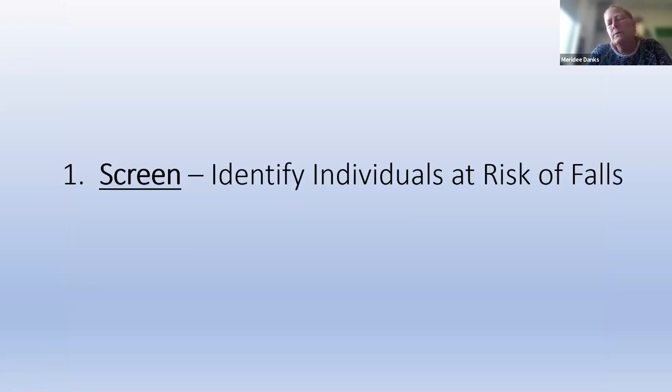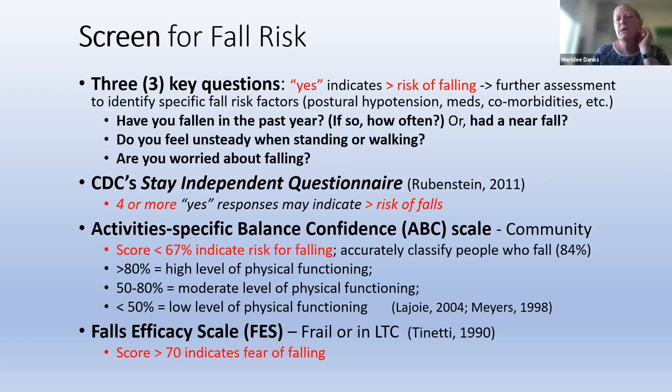So number one, we're going to look at things to identify individuals at risk of falls, screenings that you can do. So, asking the three key questions that the CDC has pointed out. If they answer yes to any of these, they're at a greater risk of falling, so it puts them over to looking at assessment. Have you fallen in the past year?